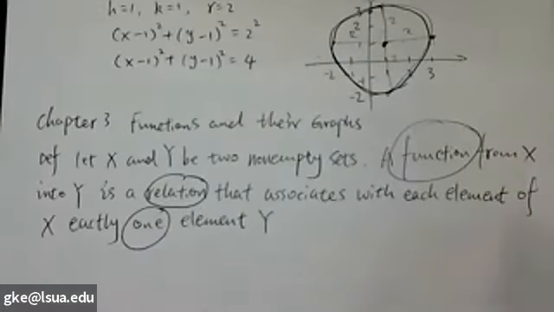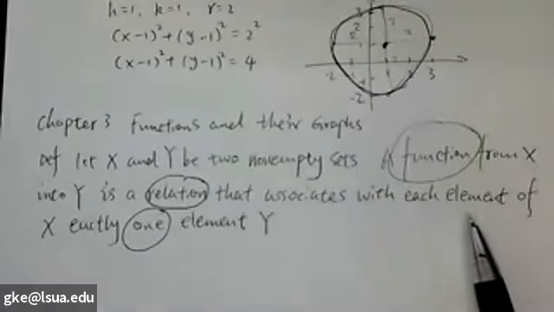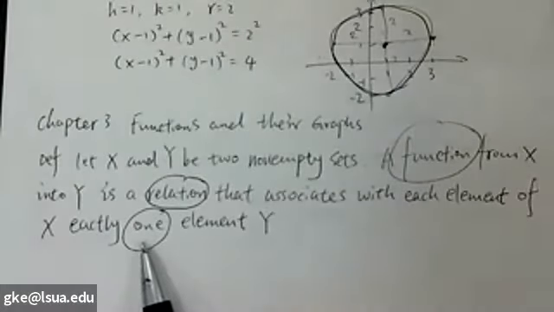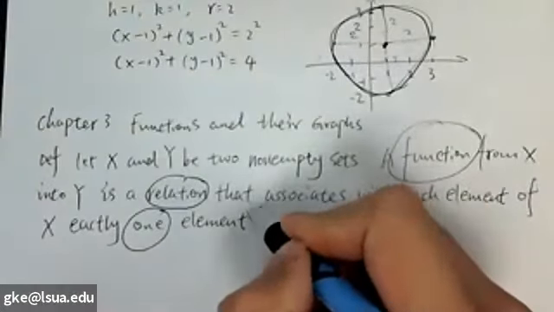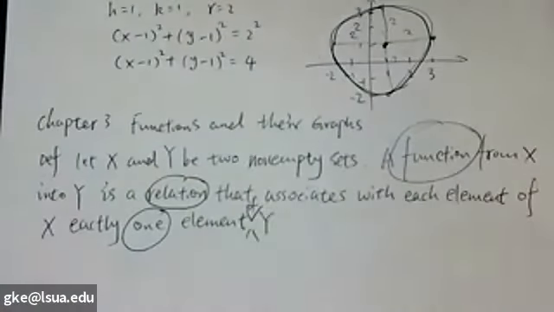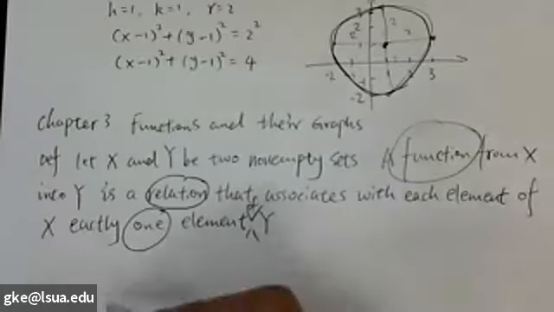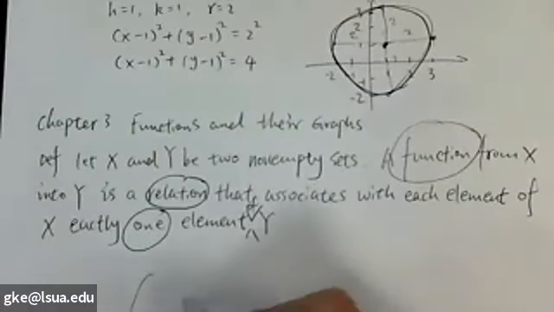That means any element in the X set corresponds to exactly one element of Y, sorry. So each element in the X set has exactly one corresponding element in Y. Okay, so we can draw a picture.